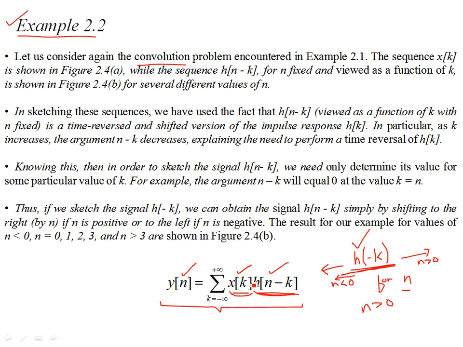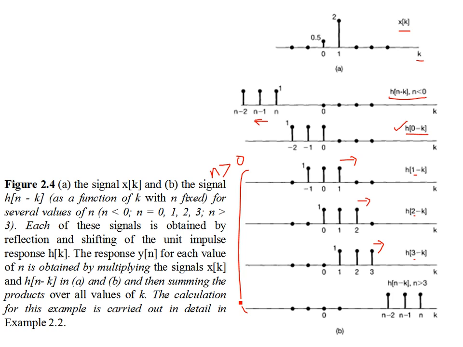Then comes the multiplication. There's a multiplication of the sequence x of k and h of n minus k, and then you have to sum all the samples. So for example, over here, this is for n less than 0, and if you see, there is no overlapping. There is no non-zero sample which overlaps for n less than 0.